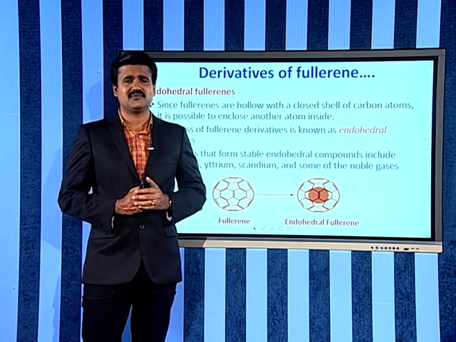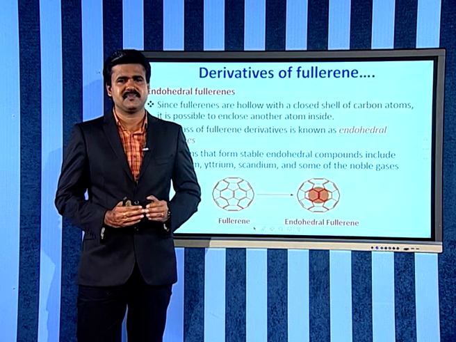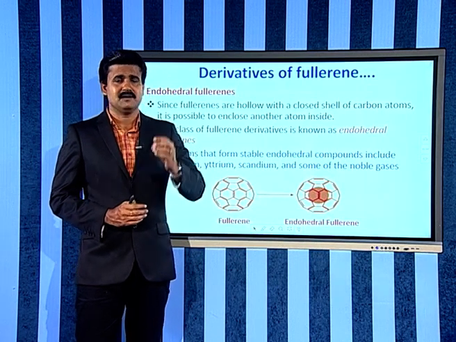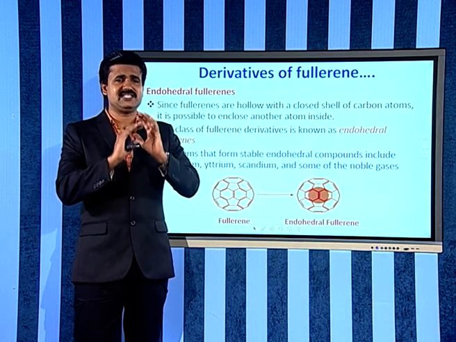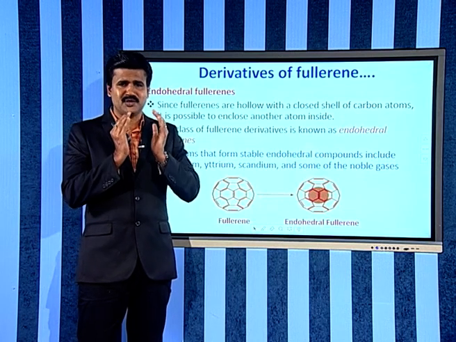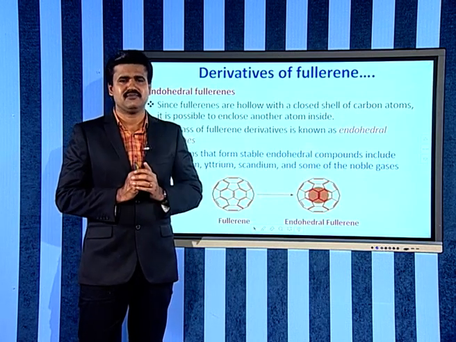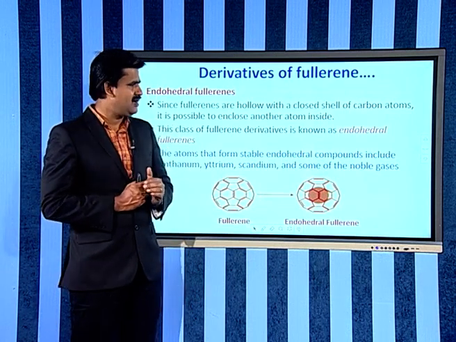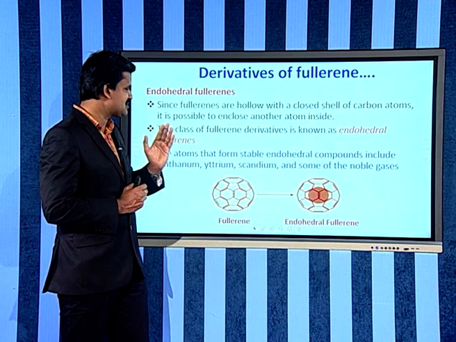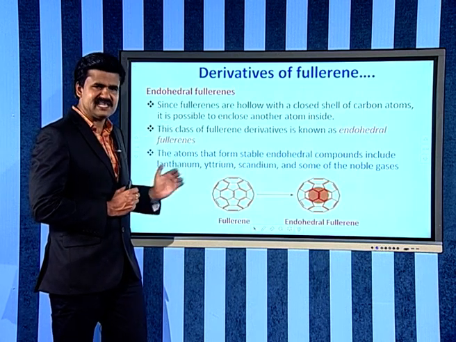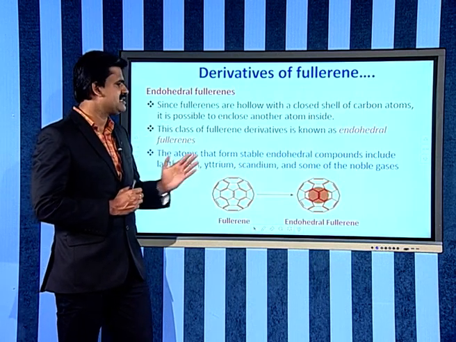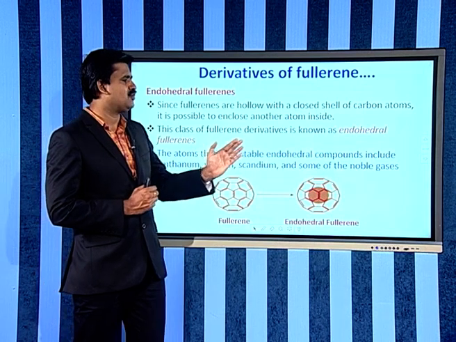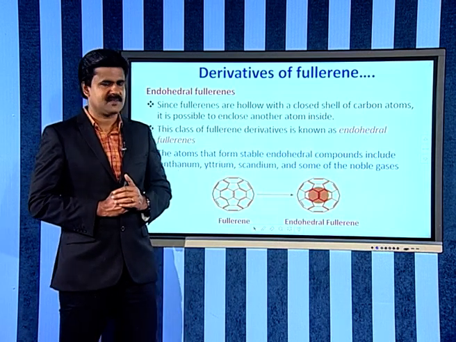This class of fullerene derivative, in which atoms or molecules are present inside the cavity of the fullerene, is known as endohedral fullerene. The atoms that form stable endohedral compounds include lanthanum, yttrium, scandium and some of the noble gases.